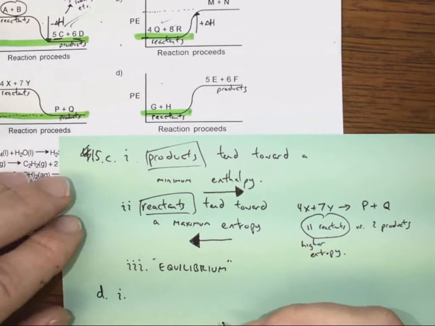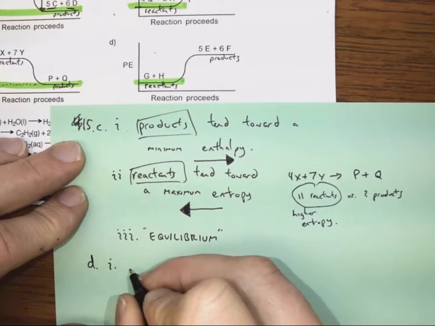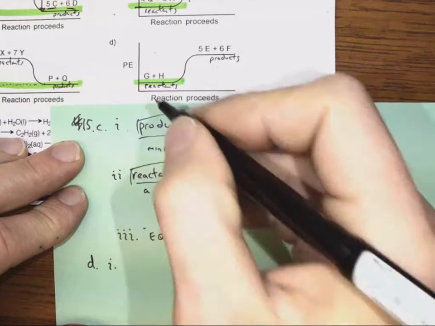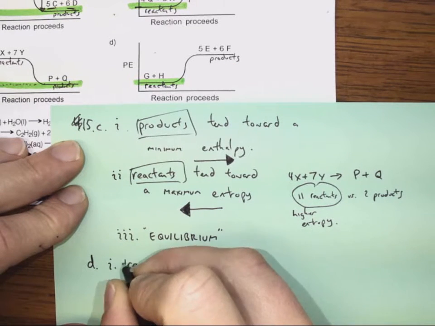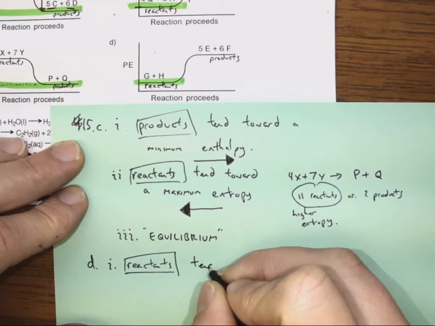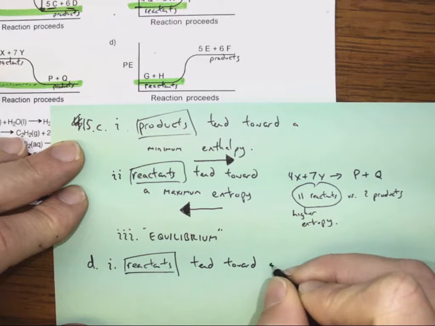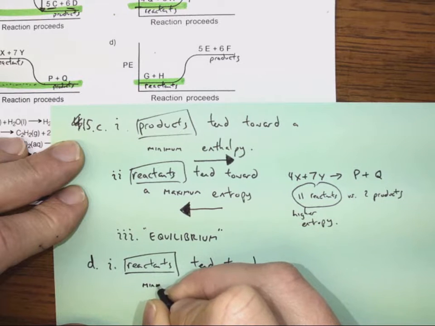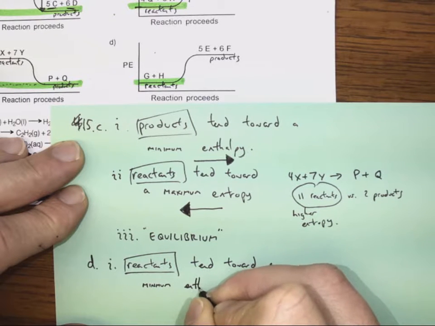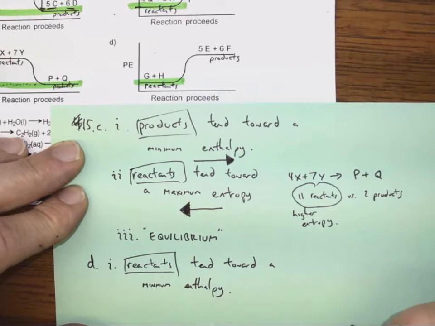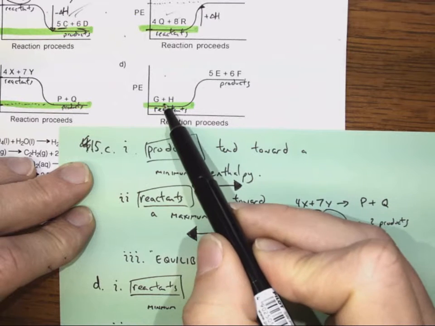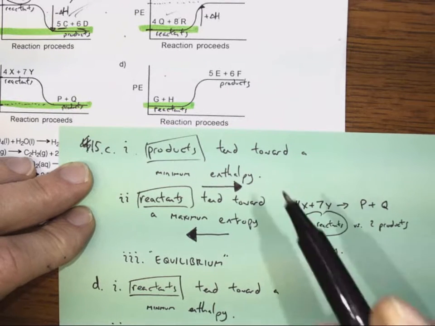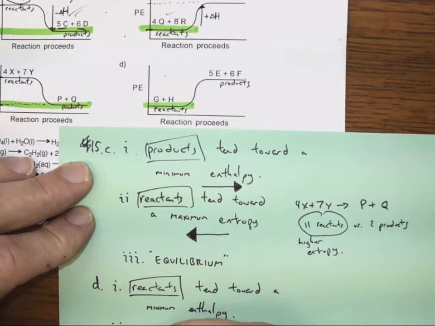All right. And so which one has this minimum enthalpy? Well, it's going to be the lower one, so that's my reactants. They are going to tend toward a minimum enthalpy. My reactants. Okay, and for my products, I have many more products than I do reactants. And so there's a higher degree of entropy with my products.